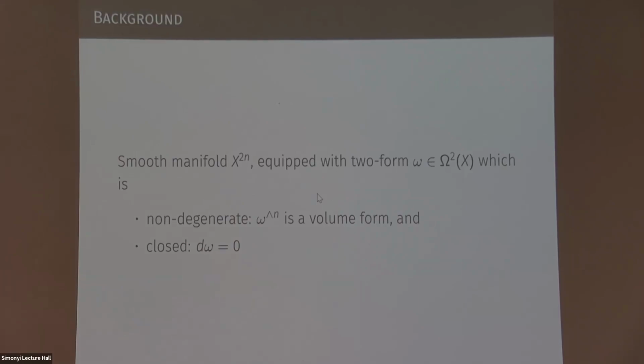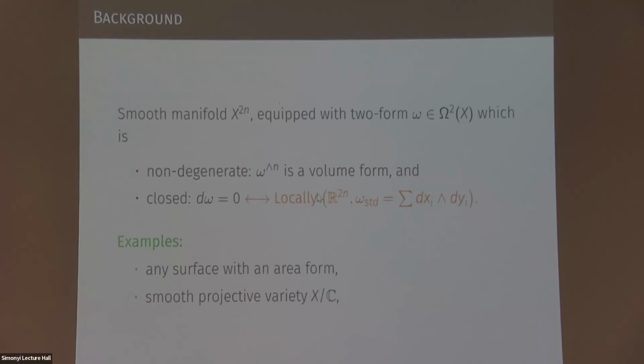The second condition, which is maybe somewhat more mysterious, is the closedness condition. We define that the non-degenerate two-form be in addition closed. One way to think about the closedness condition is as some sort of integrability condition, which allows us to choose local coordinates so that locally your symplectic manifold will always look like the standard symplectic structure on Euclidean space of dimension 2n.